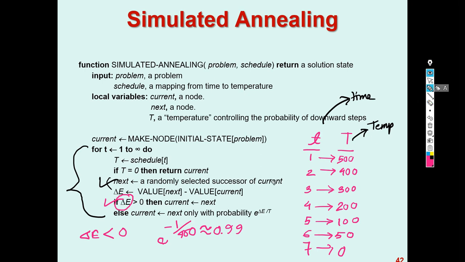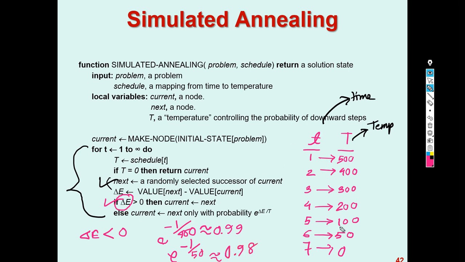But what happens when we're making multiple bad moves and the temperature lowers with time? When the temperature reaches 50, what happens? The probability value decreases to 0.98.